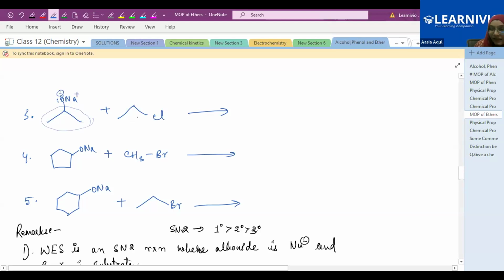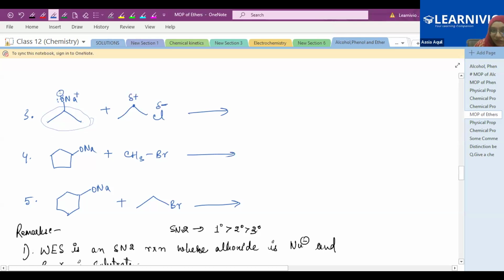Again, this is your alkyl halide. Halogen is an electronegative element, so it will acquire a partial negative charge. And this halogen is attached to this carbon, right? So this carbon will acquire a partial positive charge. Now it's quite simple.